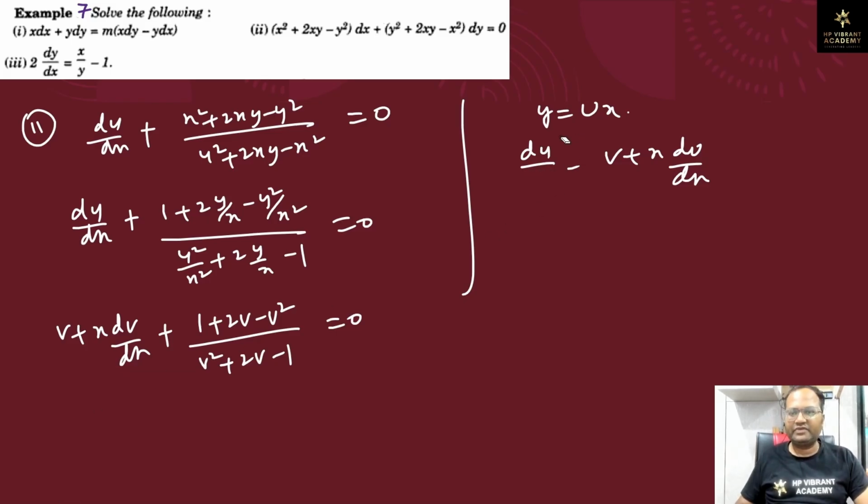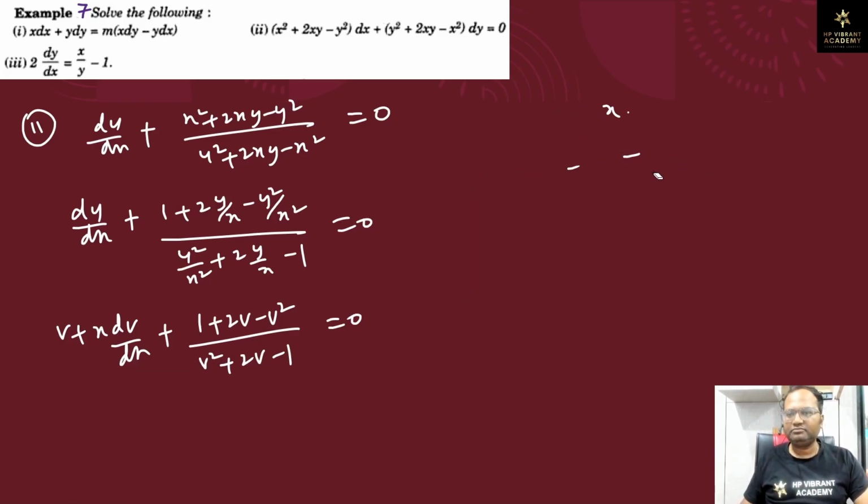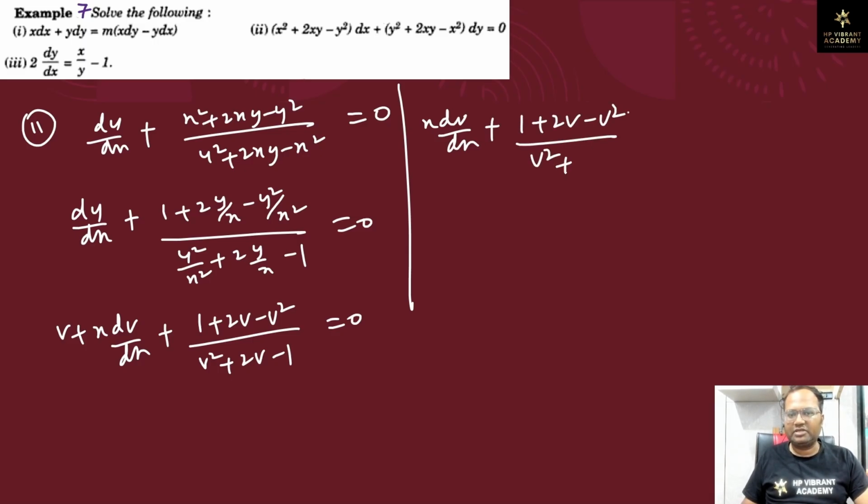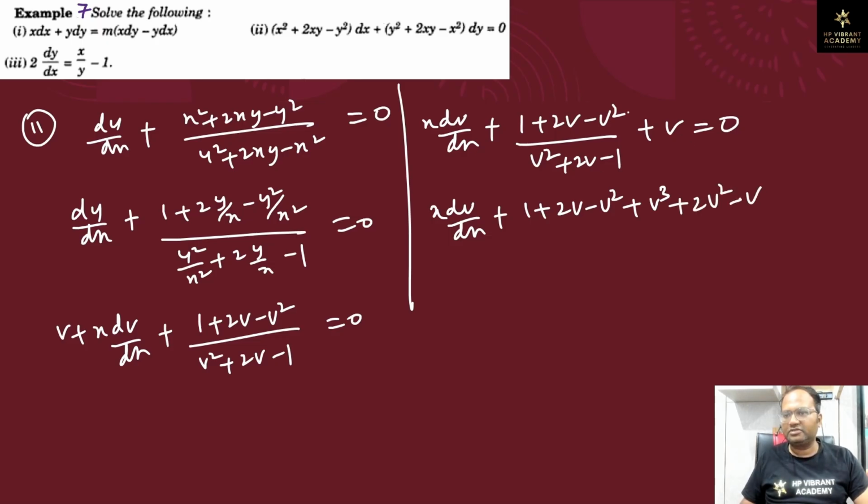Let us further simplify this. So we have this as x dv upon dx plus 1 plus 2v minus v square upon v square plus 2v minus 1 plus v is equal to 0. So we have this as x dv upon dx plus 1 plus 2v minus v square plus v cube plus 2v square minus v upon v square plus 2v minus 1 is equal to 0.